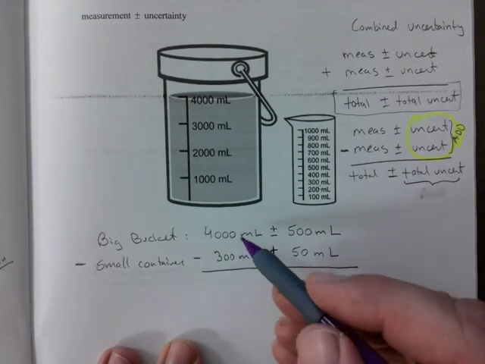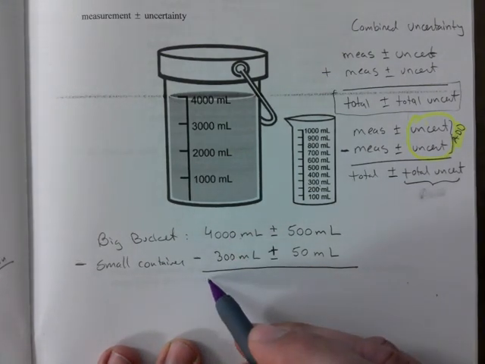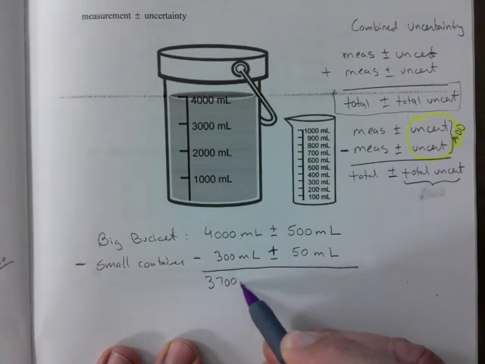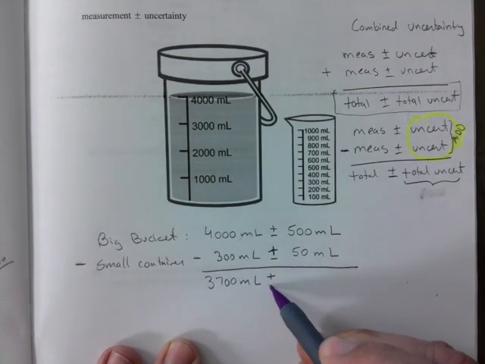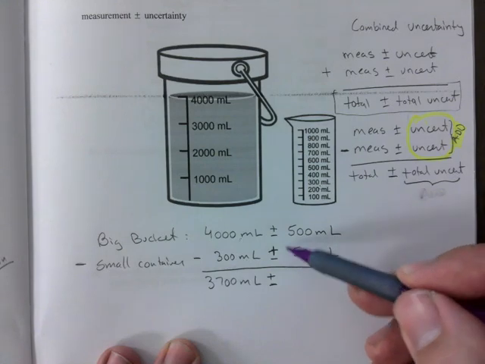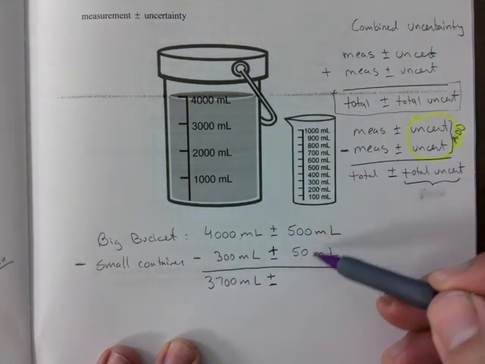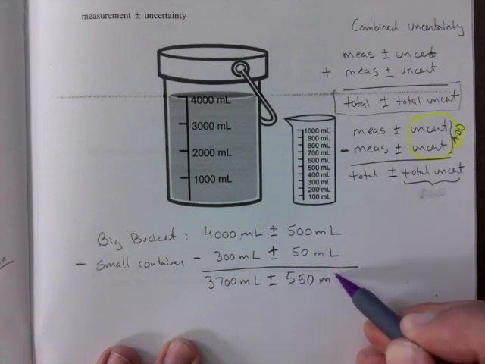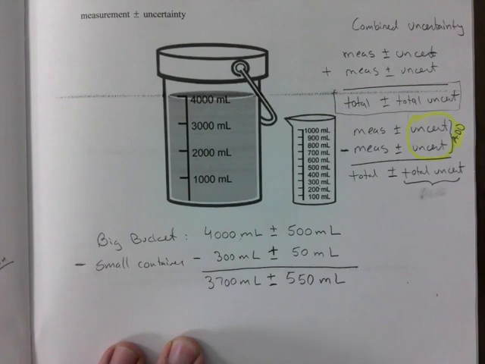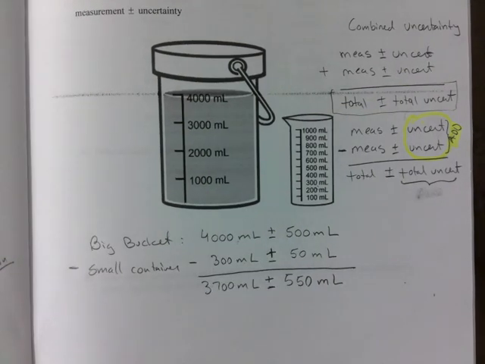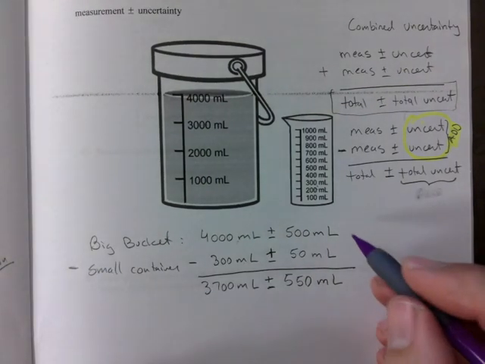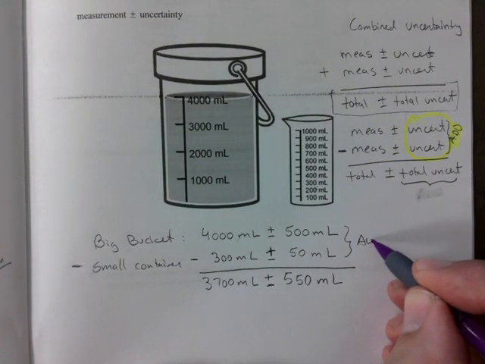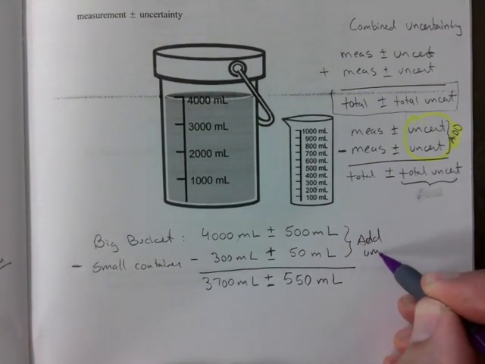So we're about to get this done. This would be 3,700 milliliters plus or minus. We add the uncertainties. This is a very good example of subtracting the amounts but adding the uncertainties.